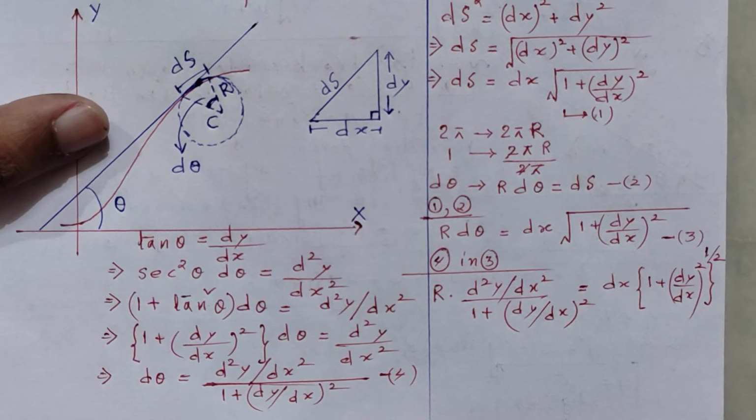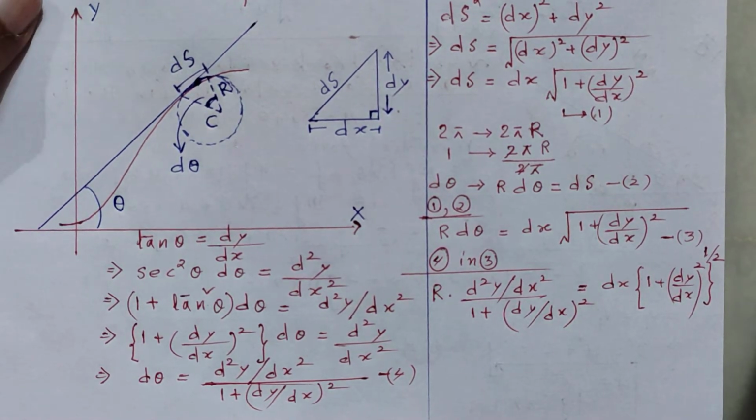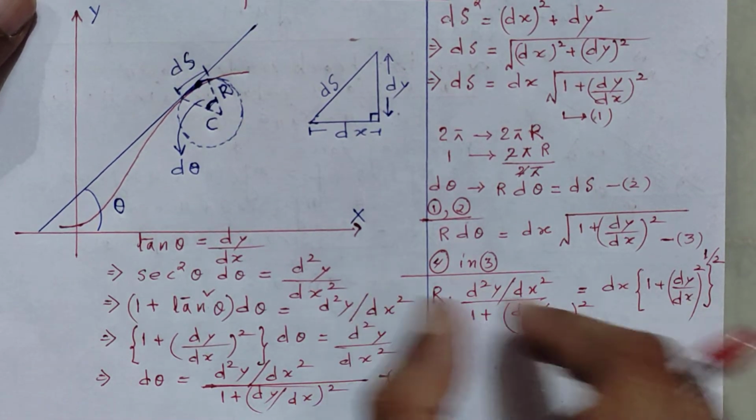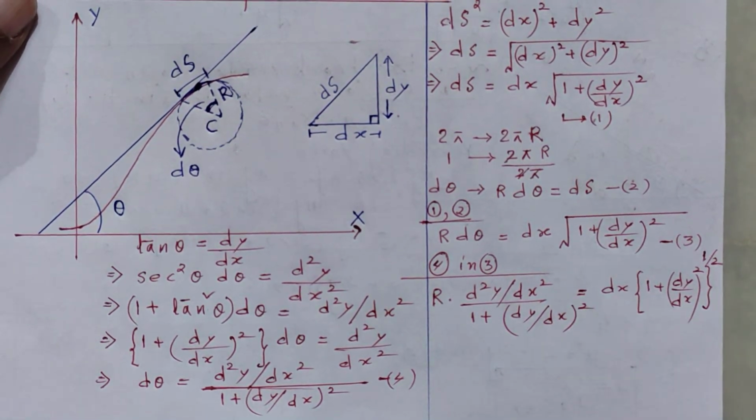Okay, so from here we can say that r is this. Okay, r d theta means basically this.